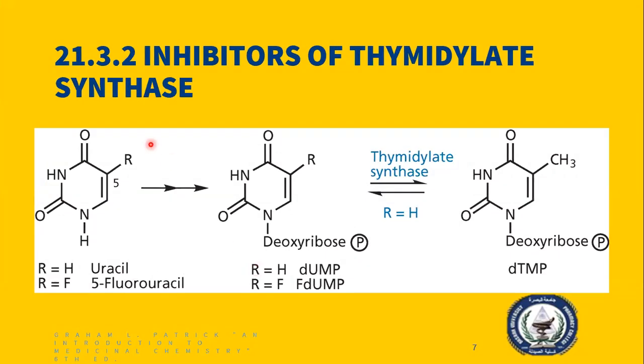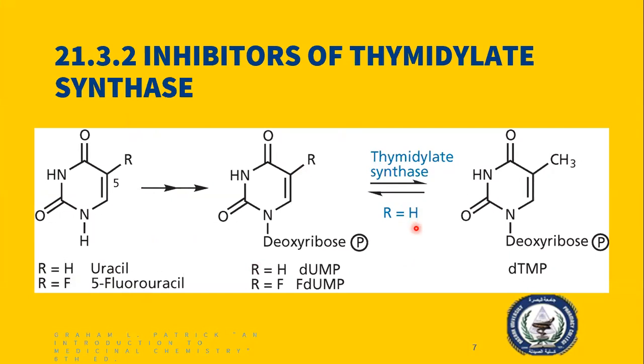Direct inhibitors for the thymidylate synthase are like 5-fluorouracil. So what does thymidylate synthase do? Thymidylate synthase, as the name implies, makes thymidine. Just for your information, most of the enzyme names are straightforward.